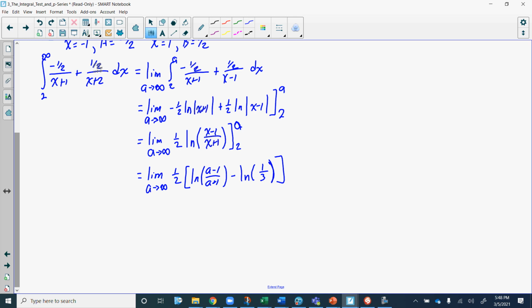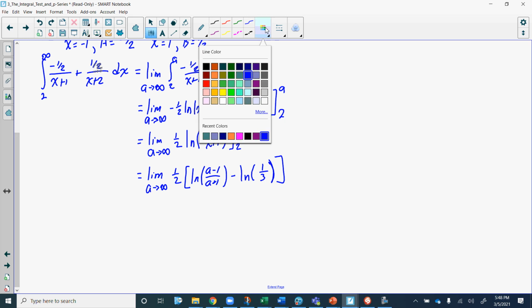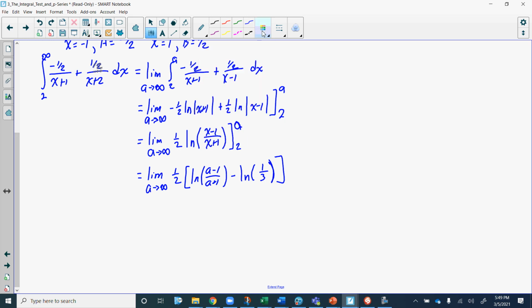And so now we can do our substitution for as a goes to infinity. As a goes to infinity, the logarithm here is going to approach 0. And so now we have 1/2 times the negative natural log of 1/3. I think I lost a negative sign somewhere.